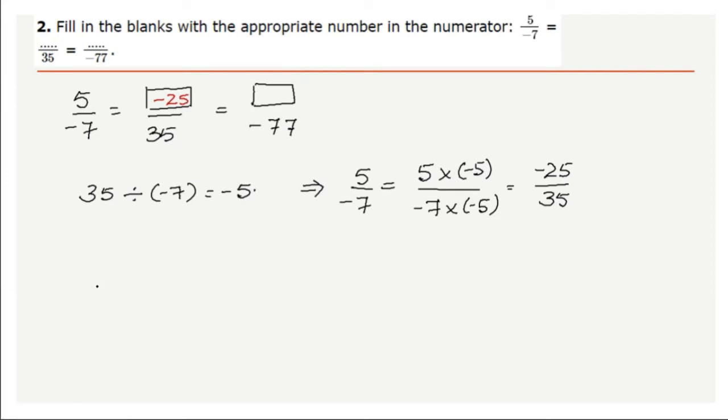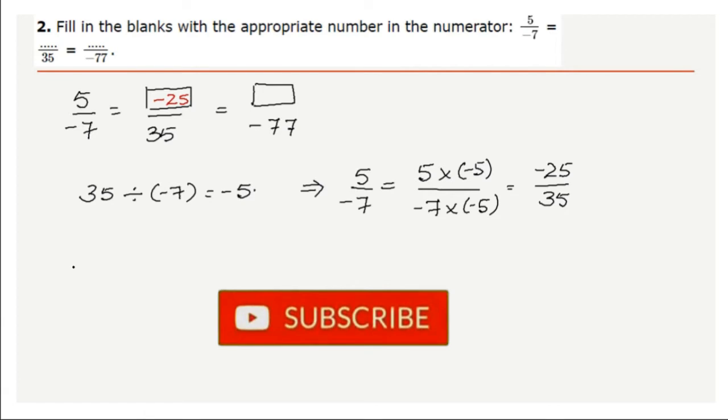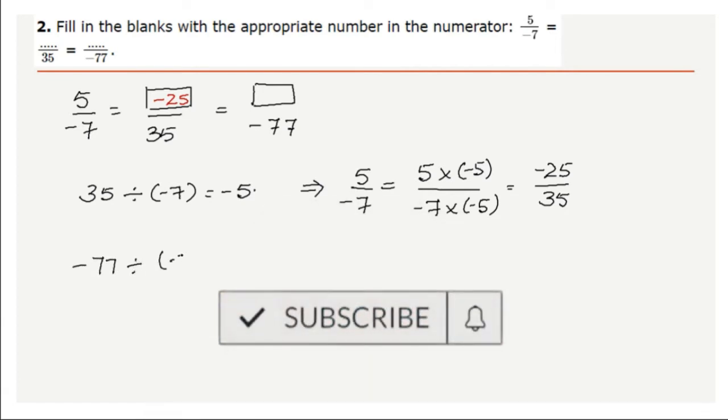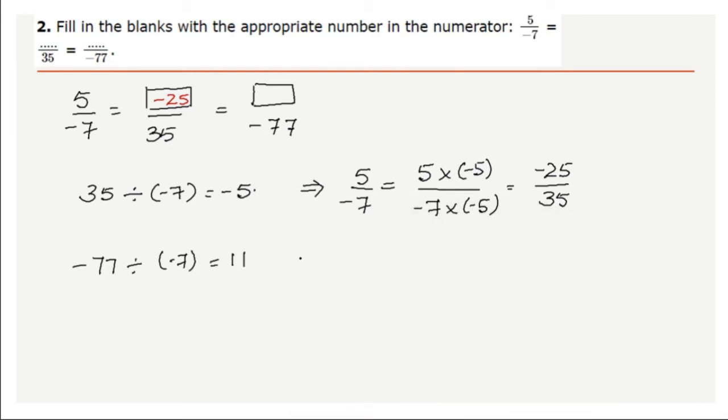Now, when we divide negative 77 upon negative 7, I get positive 11. This implies when we have 5 upon minus 7, on multiplying 11 to both the numerator and the denominator, I'll be getting 55 upon negative 77.